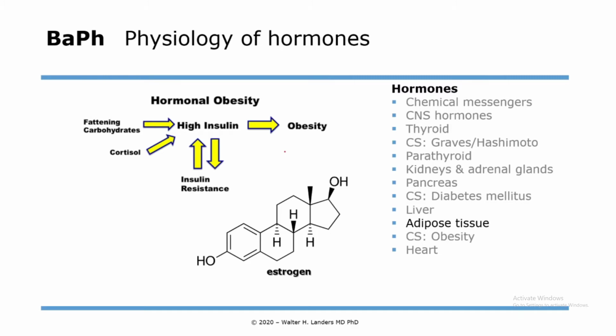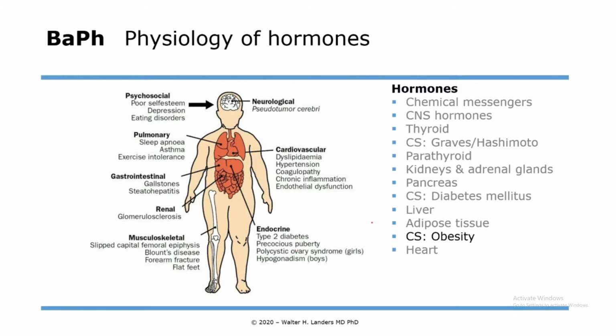Then there's adipose tissue. So fatty tissue is also able to secrete hormones, particularly estrogen over here. And secondly, obesity is often linked to insulin resistance over here. That's why obesity is very important, not just in diseases, but it's also very important to prevent obesity and overweight, because it has a lot of different side effects.